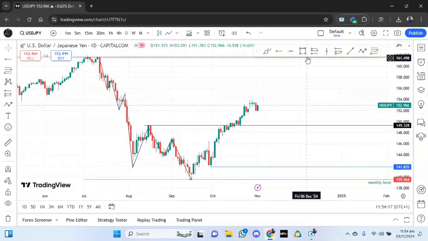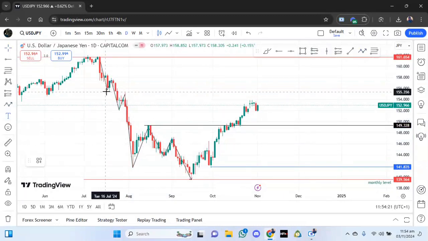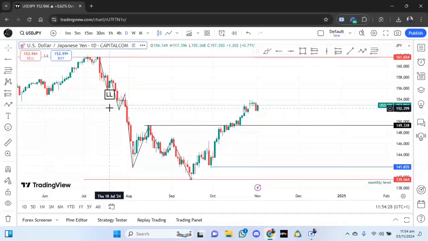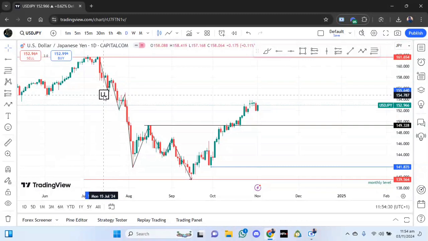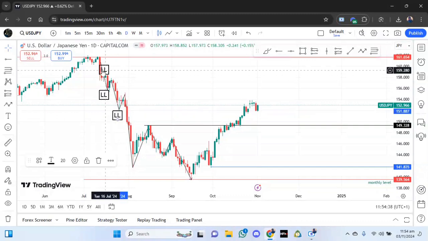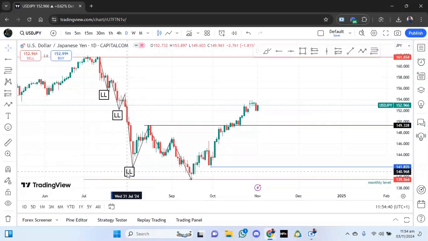So what we're going to do is we're going to call this a lower low. This is a lower low over here. This is a lower low. This is another lower low. And this is another lower low.